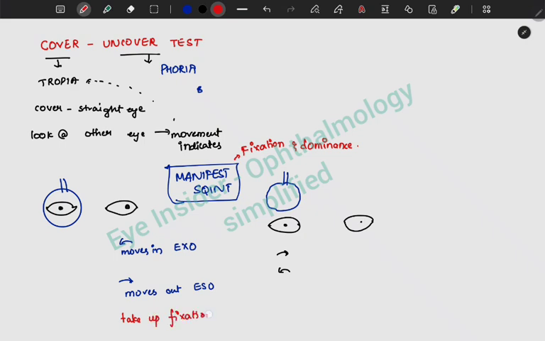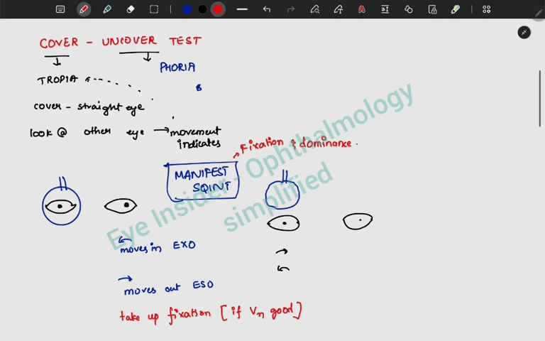In the case with manifest squint, when we do this cover and uncover test, it can reveal the fixation and dominance. So the eye with squint will take up fixation if the vision is good. And how to know the dominance?